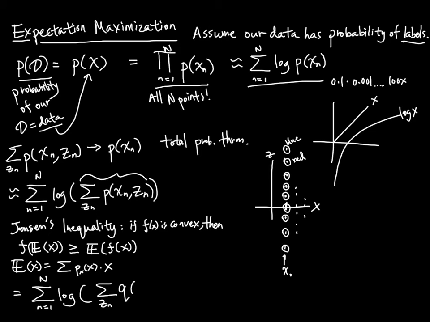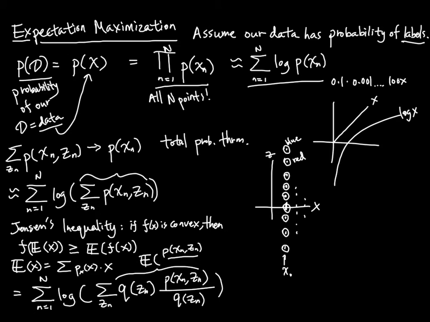Q of Zn, P of xn, Zn divided by Q of Zn, right? Because we multiplied and divided, it's really equal to 1. And so this is actually the expected value of P of xn, Zn divided by Q of Zn.